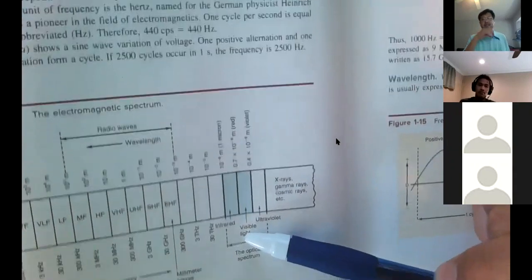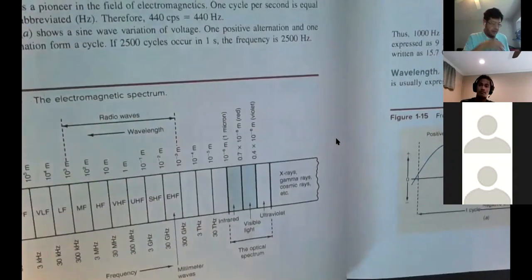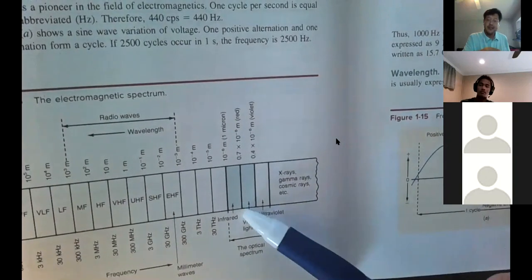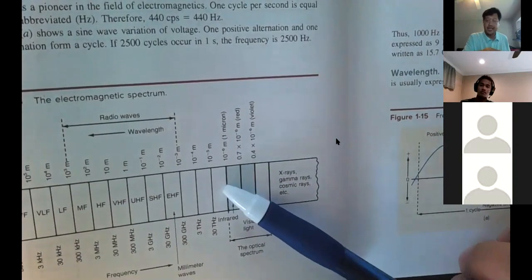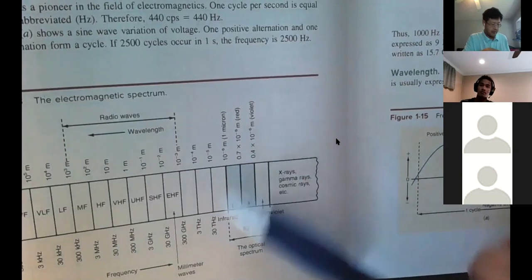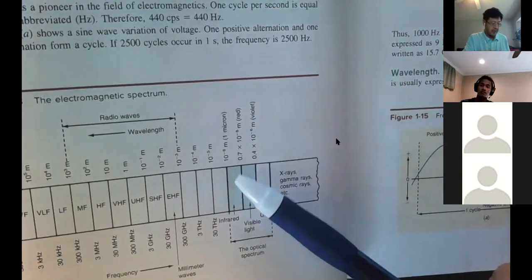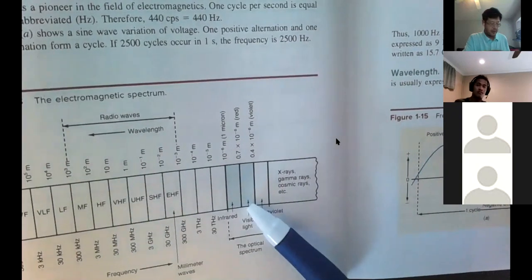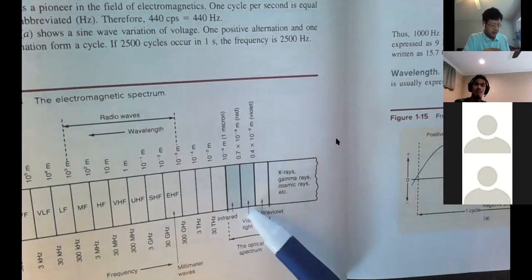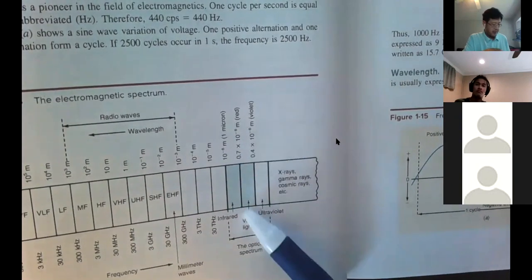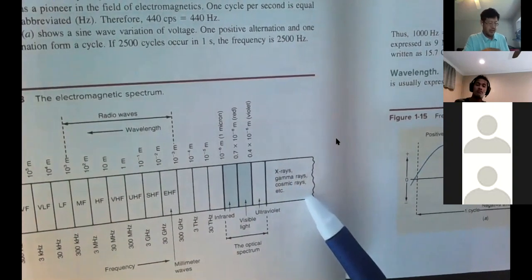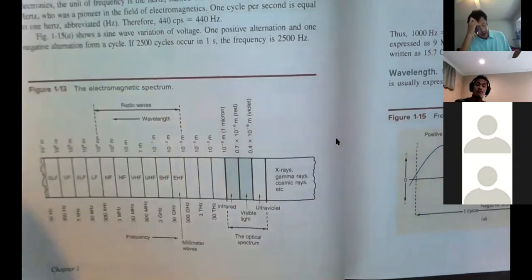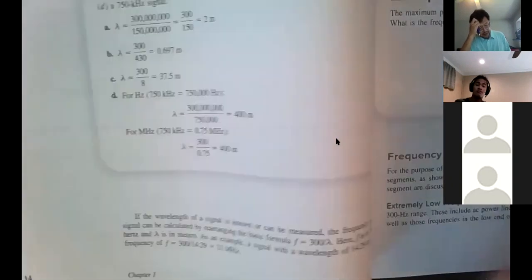The current understanding is that light is also an electromagnetic wave. The only difference between light and RF is the frequency. If your frequency goes very high, it becomes light, or X-rays if you go higher and higher.